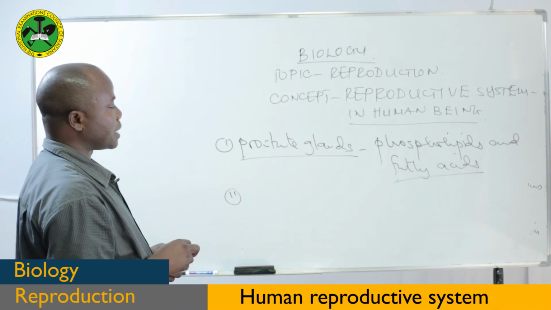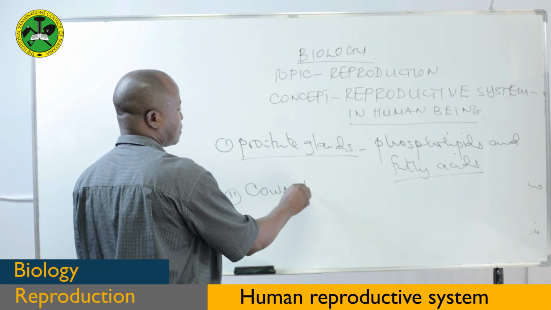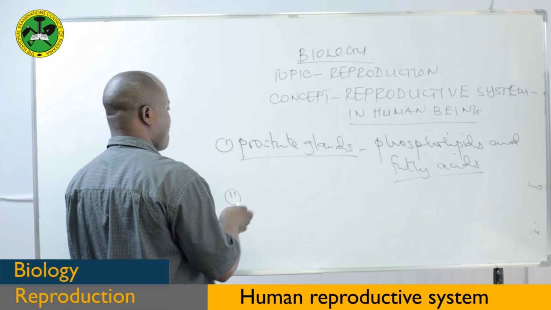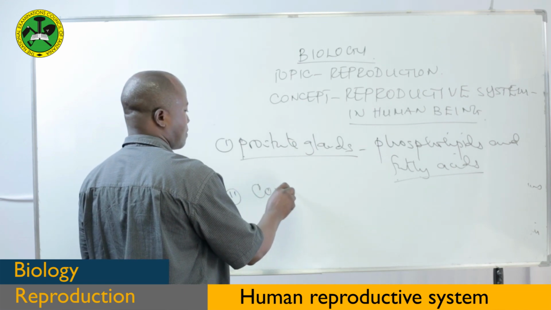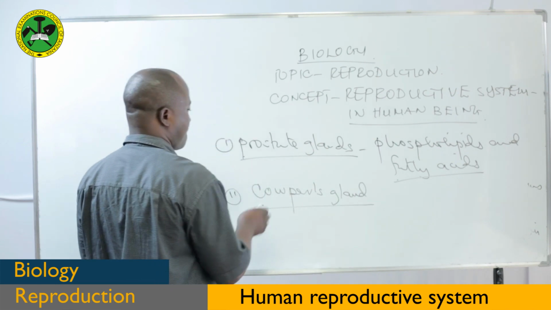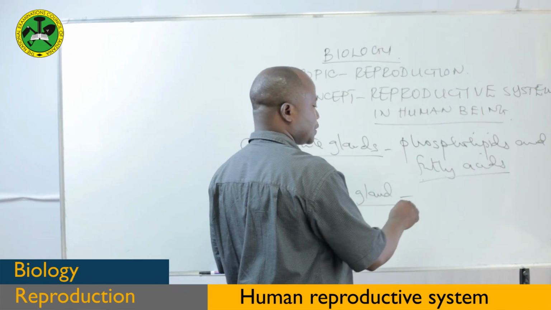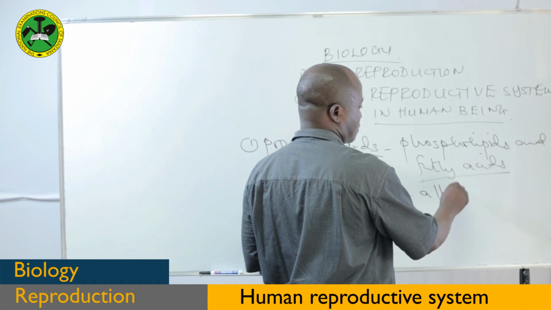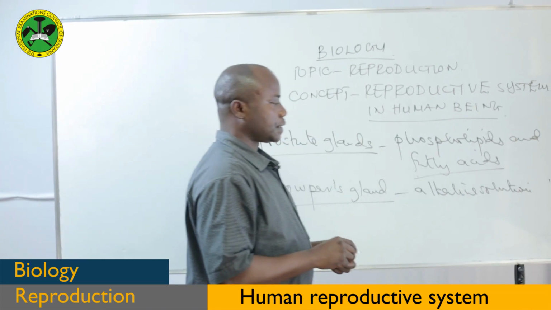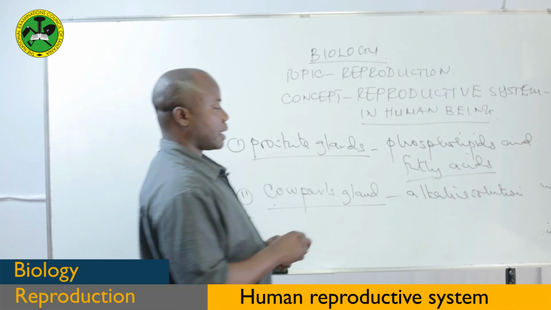Another accessory gland is the Cowper's gland. It produces fluid containing alkaline solution. This neutralizes the acidity that might be present in the vaginal tract and the urethra.